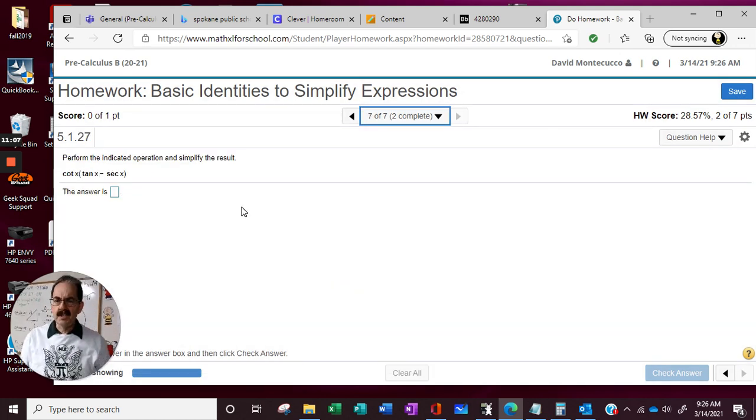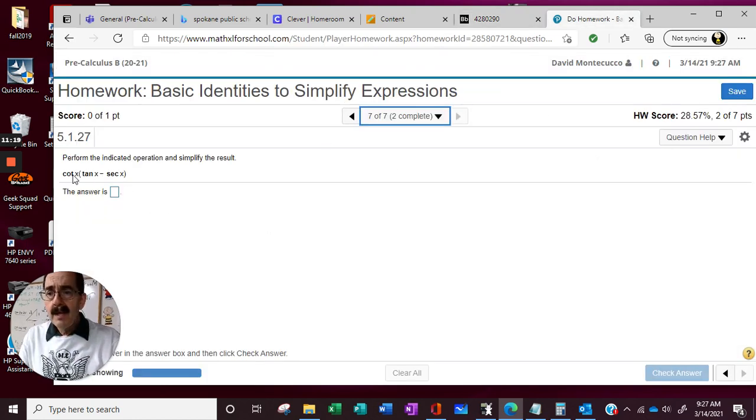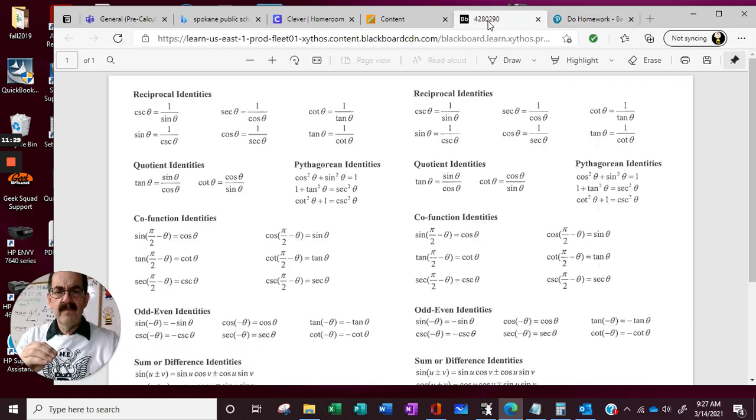So cotangent times tangent. Cotangent and tangent are inverses, aren't they? Tangent times cotangent is 1. Cotangent times tangent is 1. Next, cotangent times secant: cotangent is cosine over sine, secant is 1 over cosine.